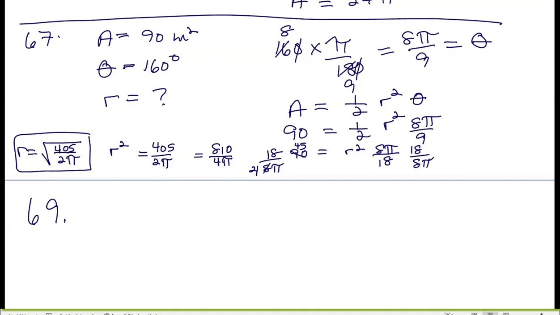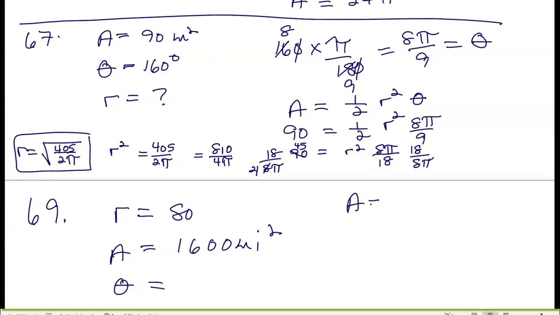69 says a sector of a circle of radius 80. So radius equals 80. Has an area of 1,600 miles squared. Find the central angle in radians of the sector. So they want the central angle. So I'm going to say area equals 1/2 r squared times theta.